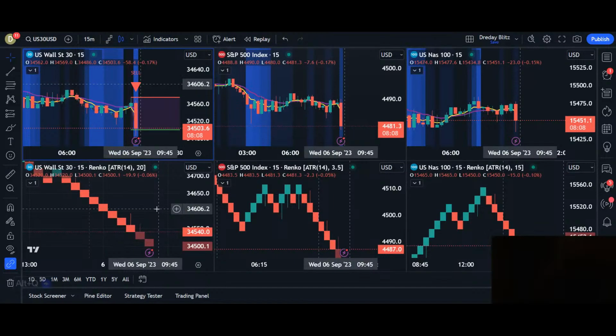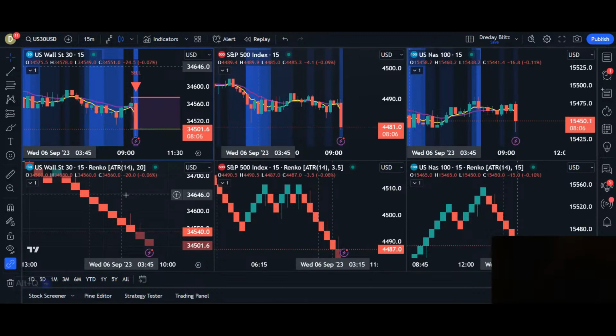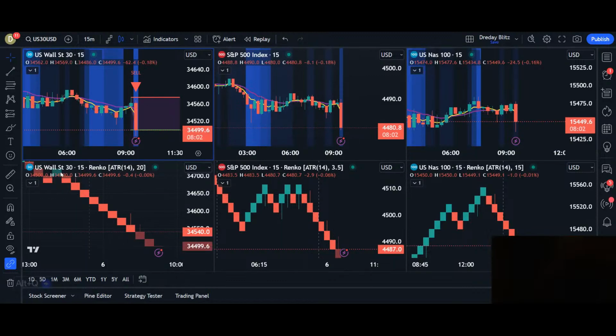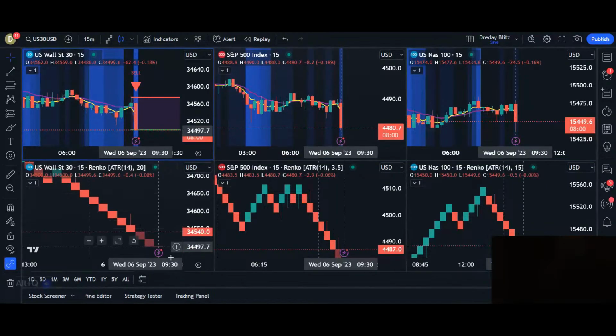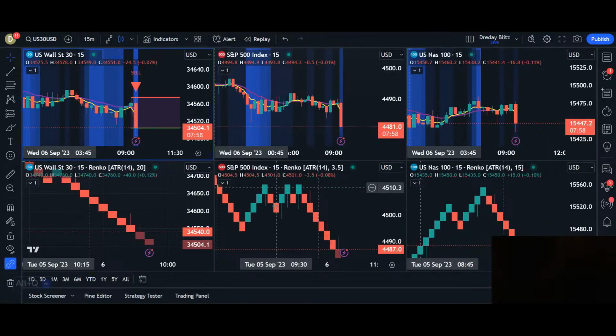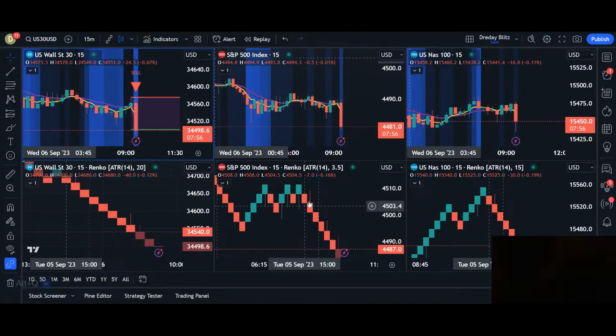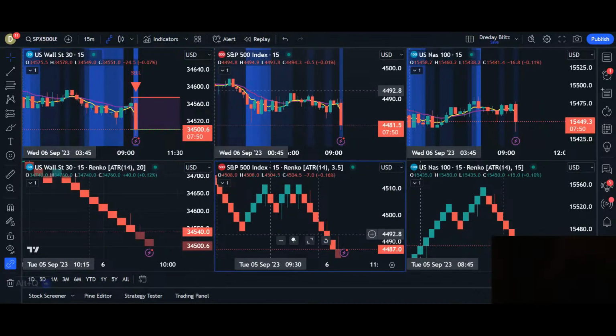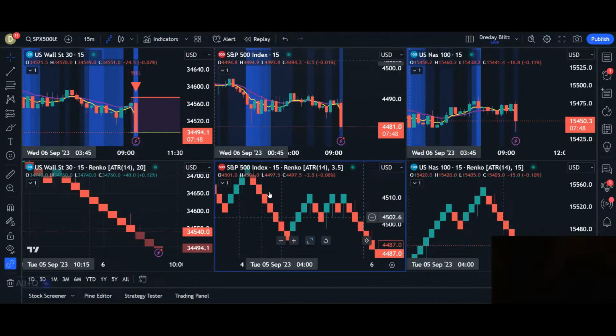How do I look for my take profit? I look at the next reversal. Let's say you have a reversal pattern here, like a downtrend reversal pattern right here.